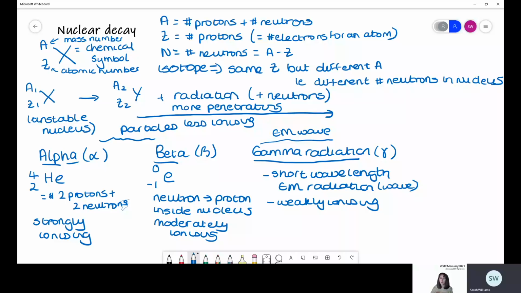And you should practice being able to write nuclear equations involving alpha, beta, and gamma radiation too.